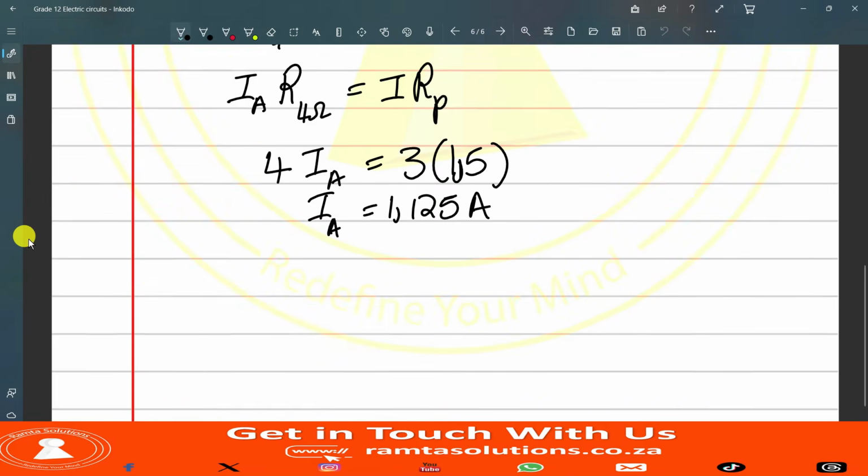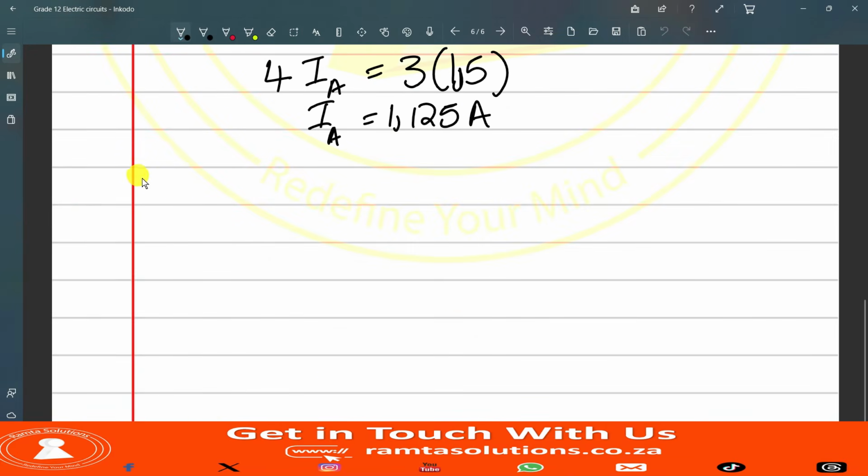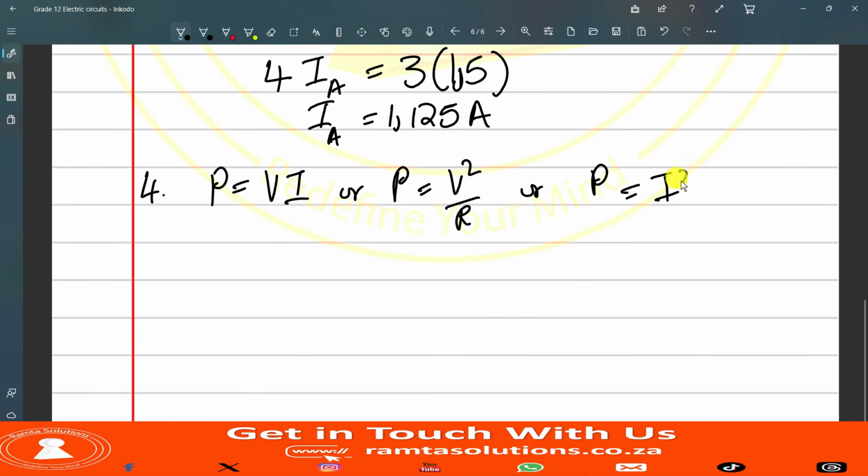Now, power dissipated by the 3 ohm resistor. We know the equations of power. These are given. Power equals VI, or power equals V square over R, or power equals I square R. We do not have voltage of the 3 ohm resistor, so we cannot use these two. We can only use this because we know the current flowing.